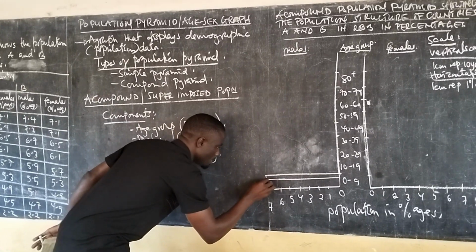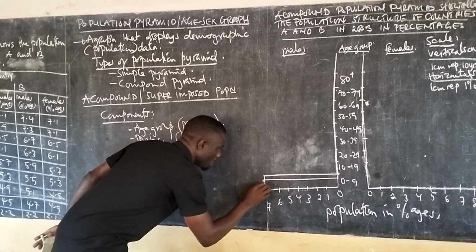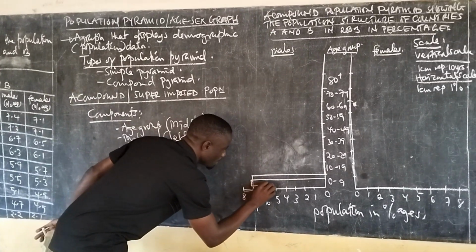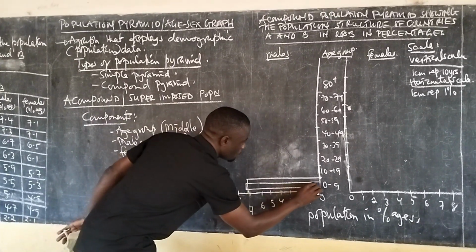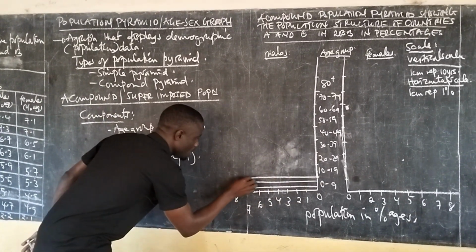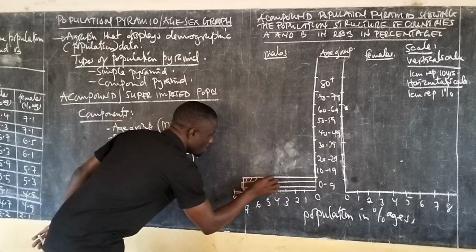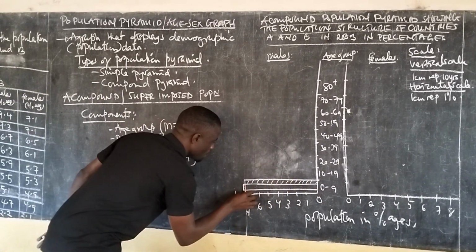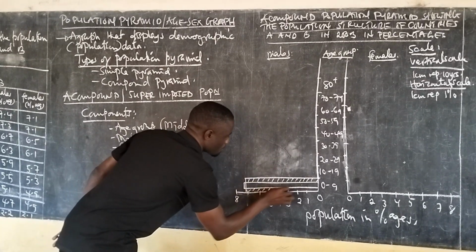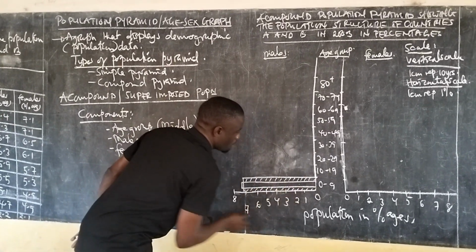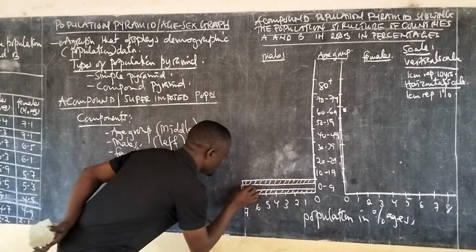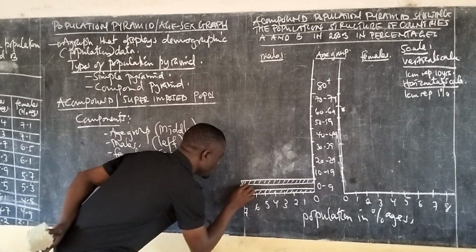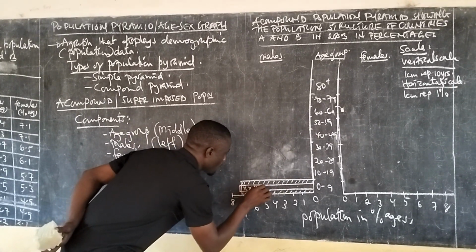That means it is more in this country. So you can do it like this. We are superimposing. We can shade this one. This shading is for country A. Then this one is going to be for country B.